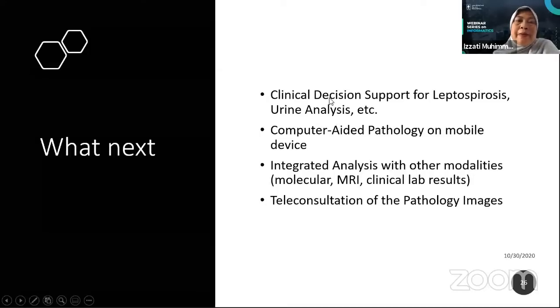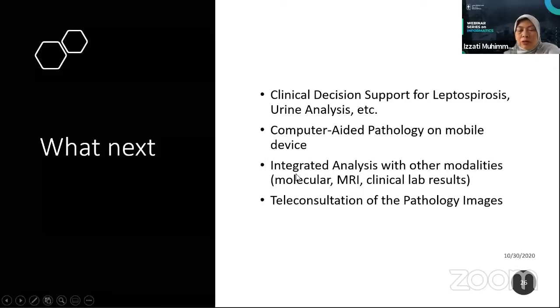We also have requests to make tools to help laboratory workers do urine analysis, and to develop the algorithm. Nowadays the work is mostly done remotely, so we may develop computer-aided pathology on mobile devices. That's the other thing we look forward to.